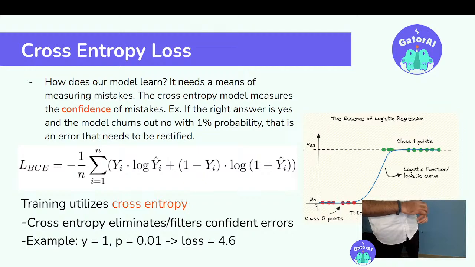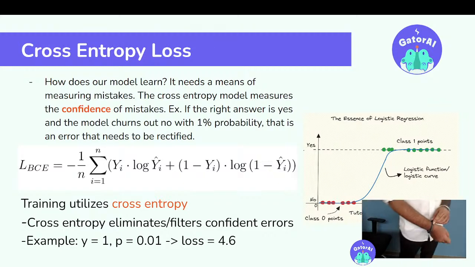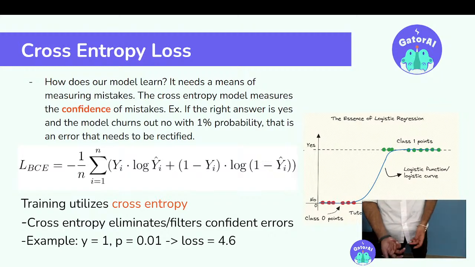The most common form of a loss function we have is the cross-entropy function, as mentioned here. Cross-entropy isn't deciding whether a certain model is right or wrong, pass or fail. It's more so deciding how confident that model was in its mistakes.